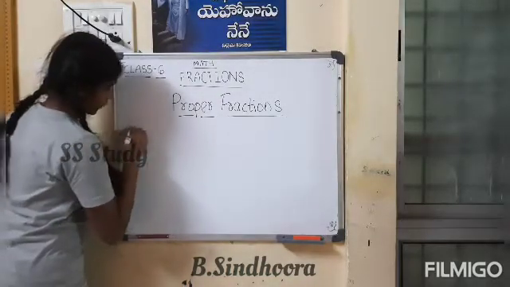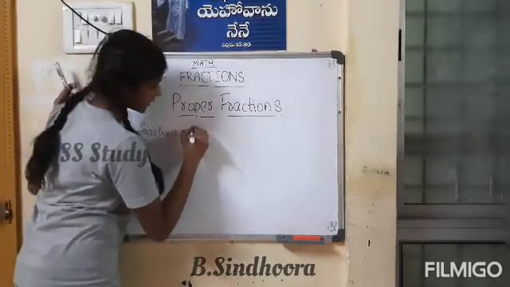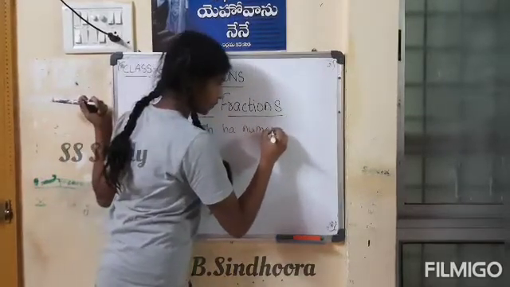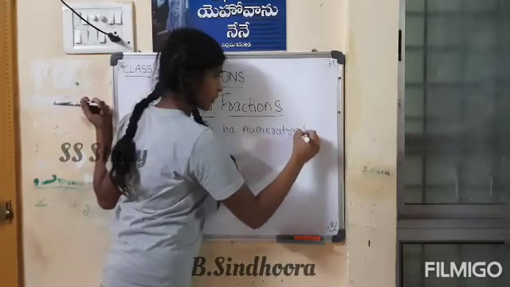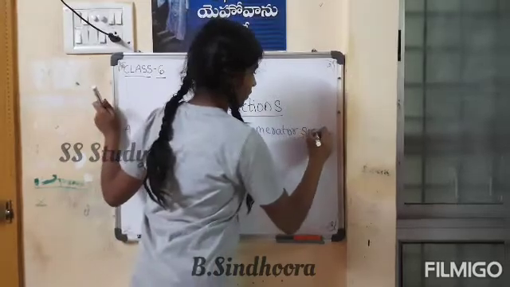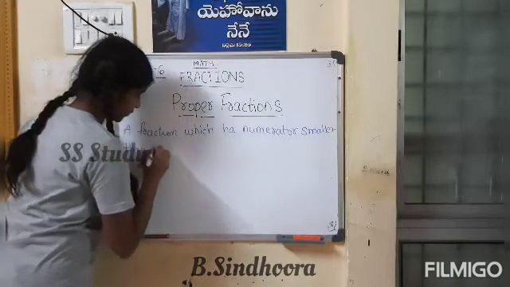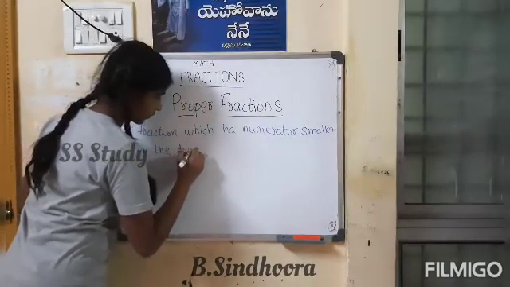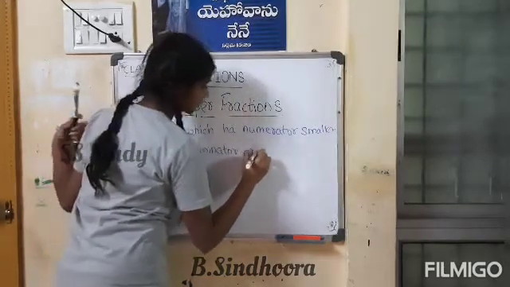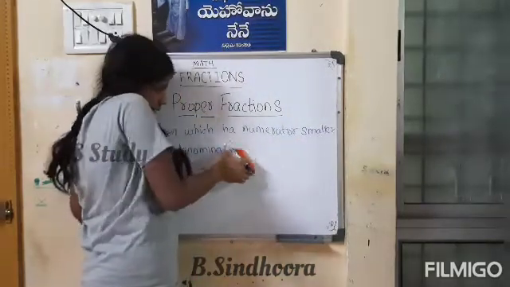A fraction which has a numerator smaller than the denominator is called a proper fraction.